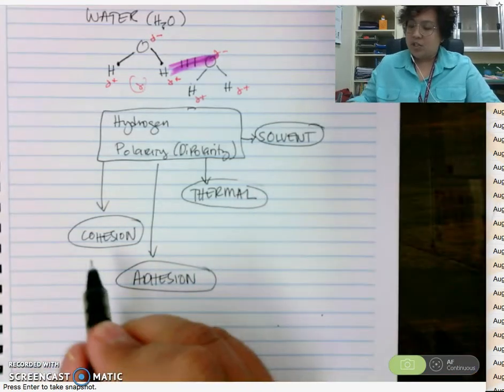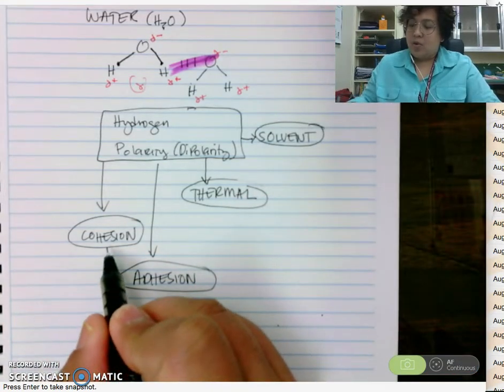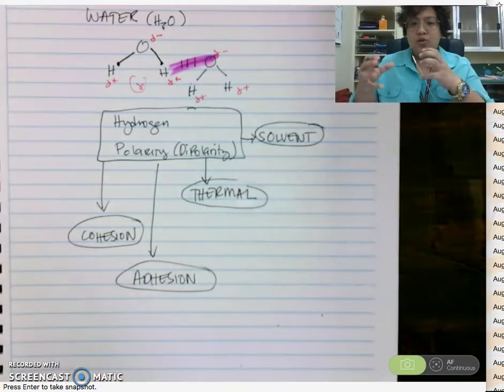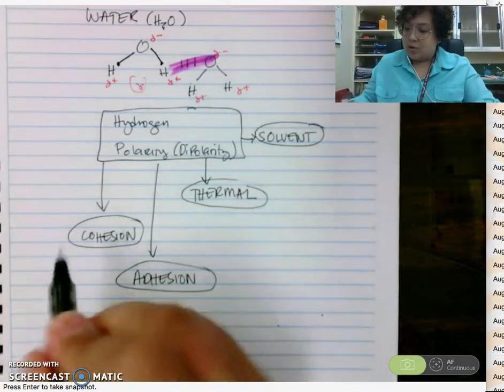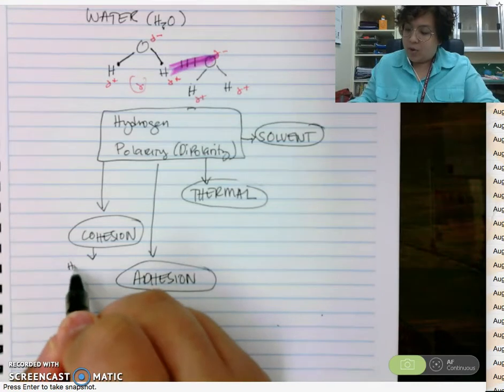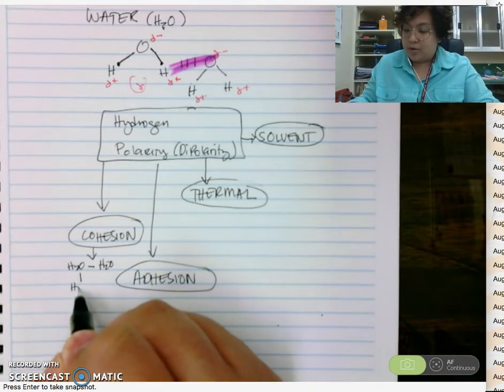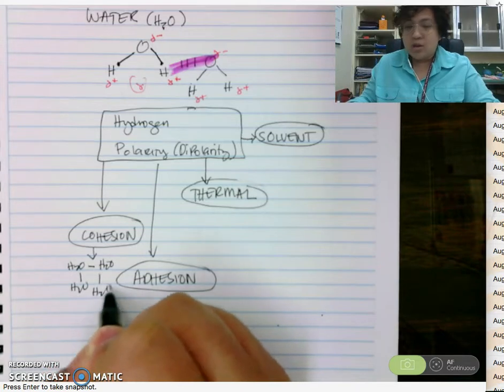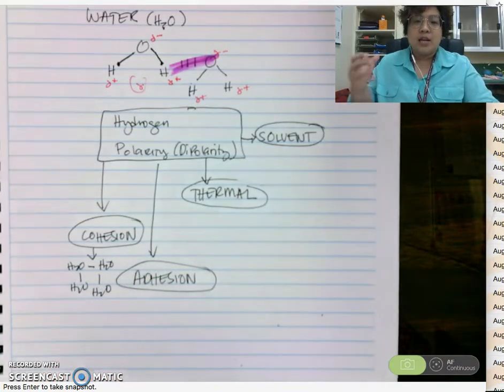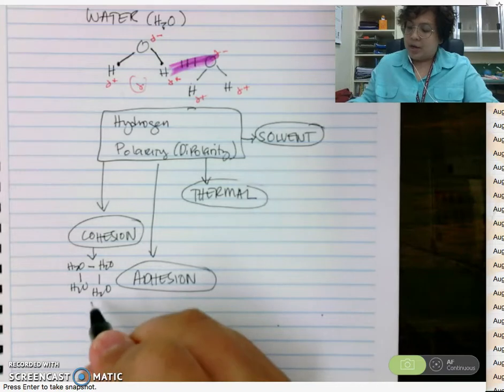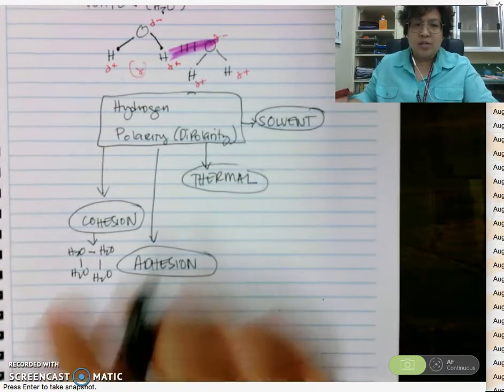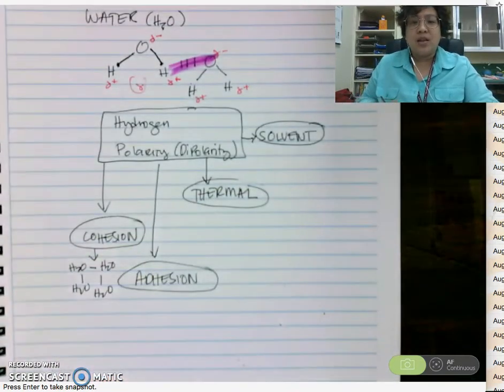Alright, so for cohesion, it is said that water can stick to other water molecules. So I'll put here water to water to water to water. All of those individual water molecules can stick to each other. An example here is the movement of water in a plant.